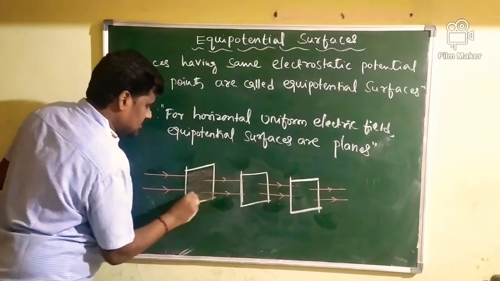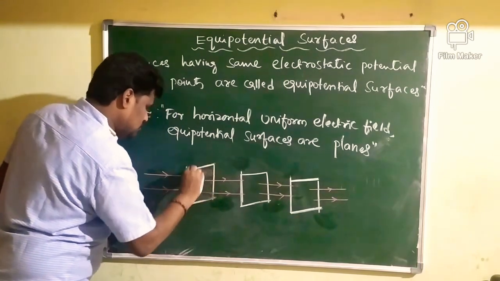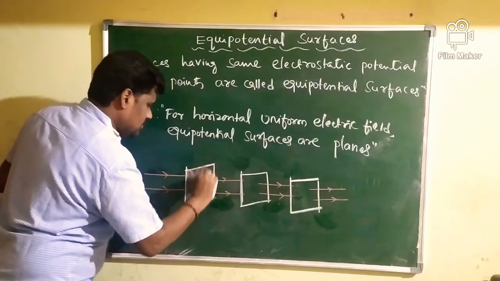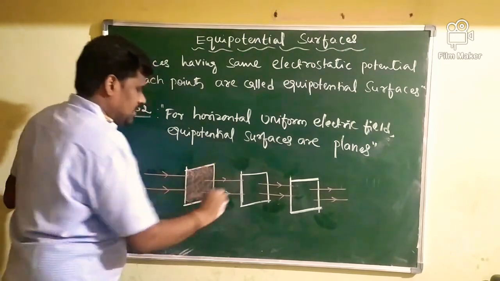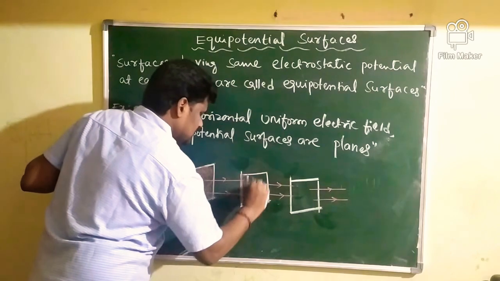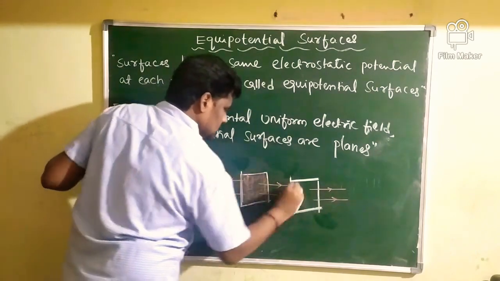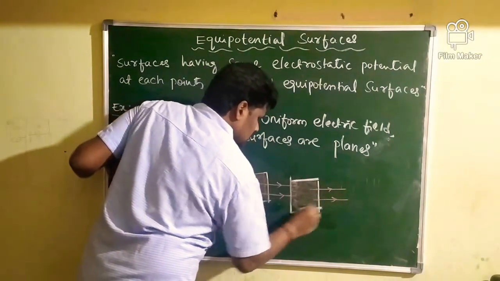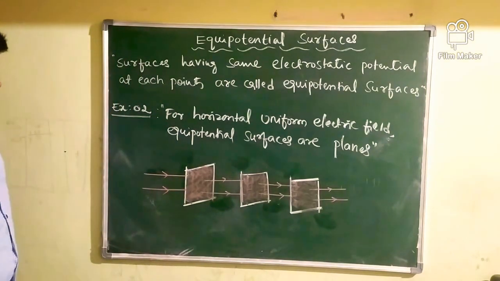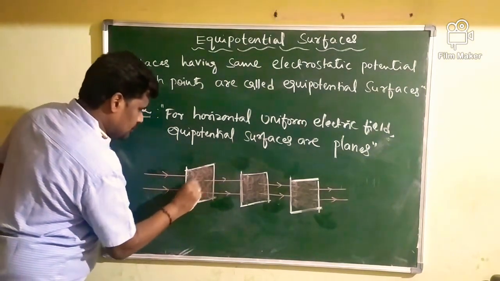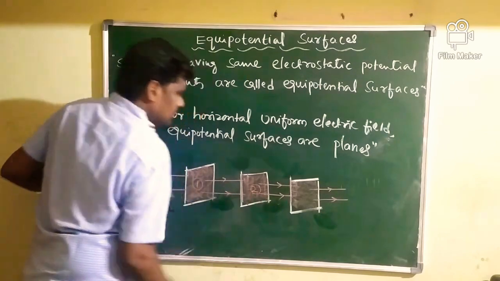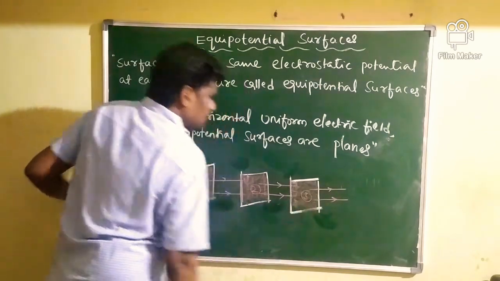These are the planes here, and those planes are the equipotential surfaces. First equipotential surface, second equipotential surface, third equipotential surface.